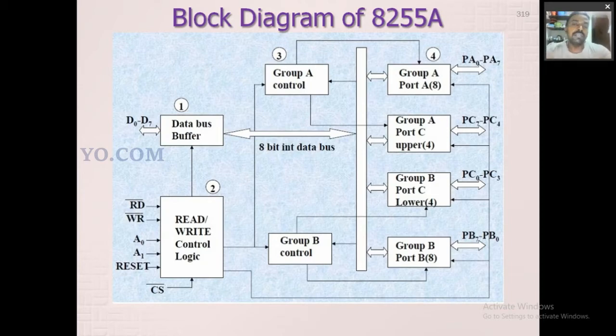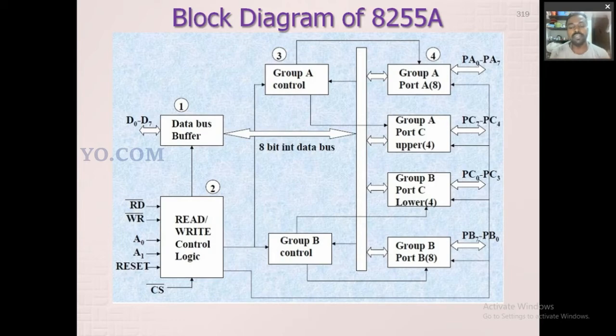The next one, as we studied in the previous slides, is group A and group B. Group A is port A and port C upper, and group B is port B and port C lower. Group A control is used to control port A and port C upper.